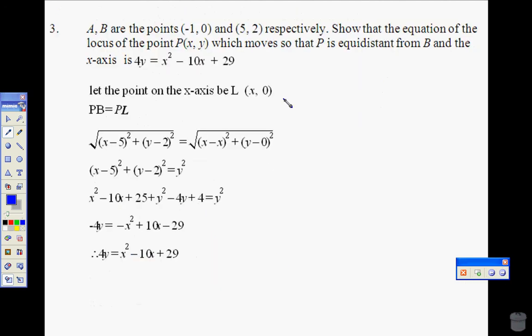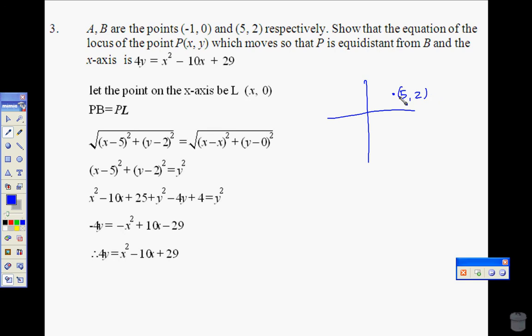In this question, we've got the 2 points again, and we want to move so that P is equidistant from B and the x-axis. So if we draw it up, it's not a very good diagram, but B is the point (5, 2).